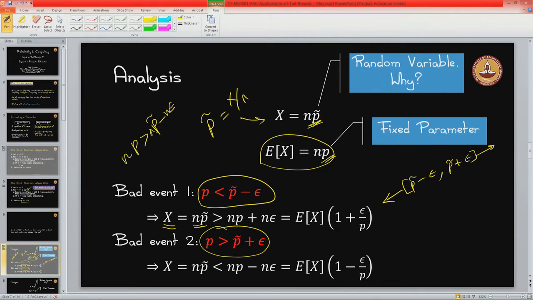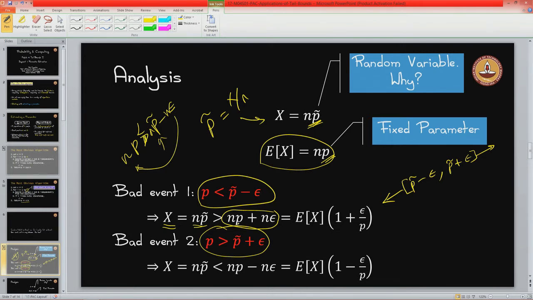And here you have the n p tilde term. So, you isolate the n p tilde term, and on the right hand side you will get n p, and this term will go here, plus n epsilon. So, that is what you get over there.